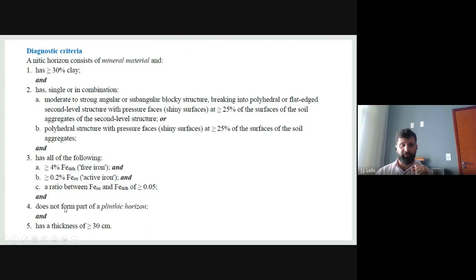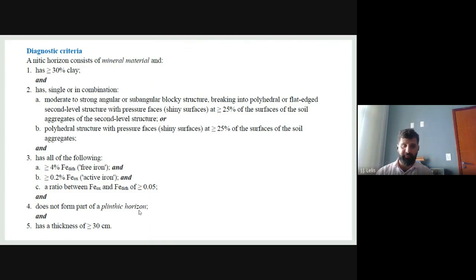we don't have in the nitic horizon any evidence of a plinthic horizon. We did not talk about the plinthic horizon, but the plinthic horizon is a horizon that possesses mottles, concretions, or nodules of iron and or manganese. So the nitic horizon shouldn't present mottles, concretions, or nodules, okay?